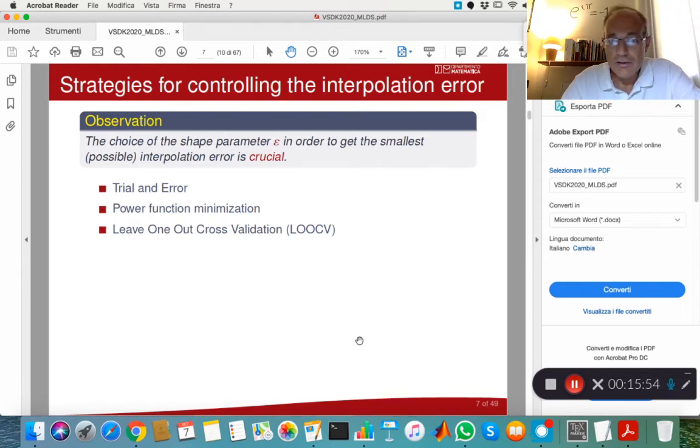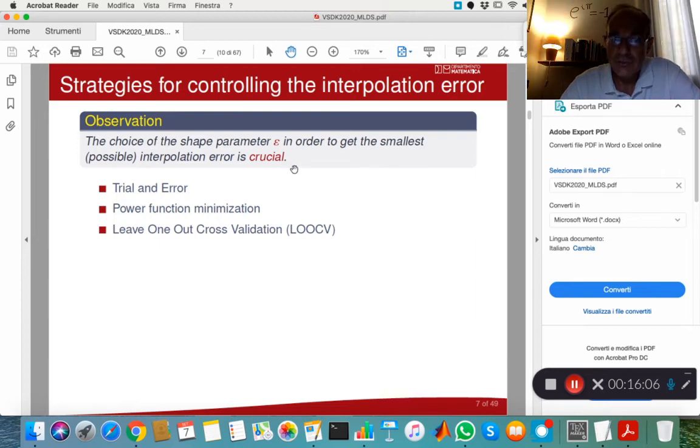How to control the interpolation error? We have already said that this shape parameter is crucial in the analysis of the error. How can you analyze this? Well, there are three main procedures. One is the so-called trial and error.